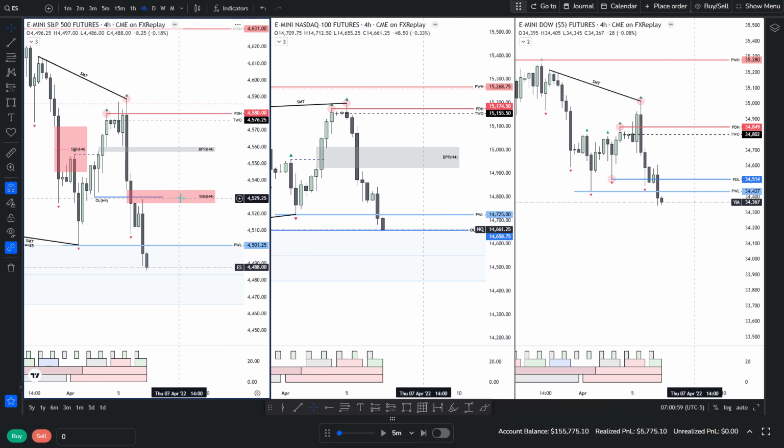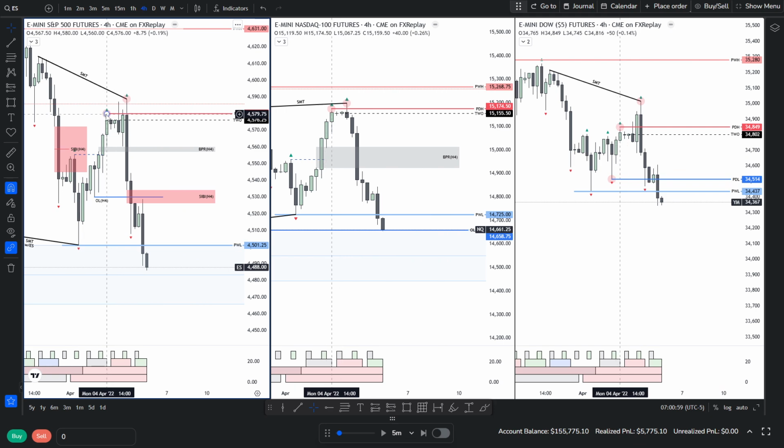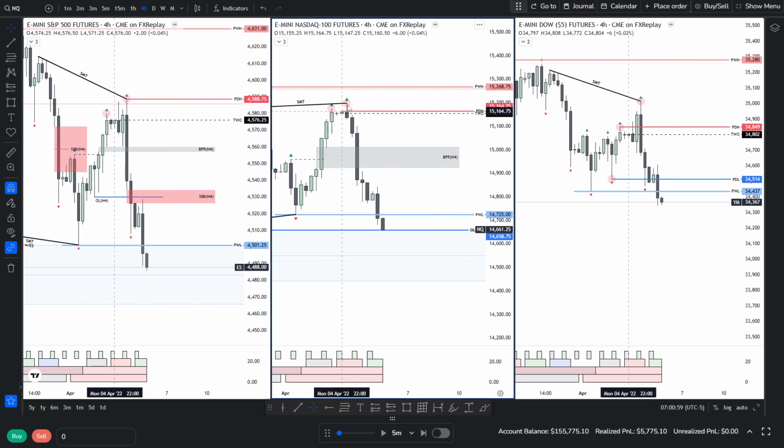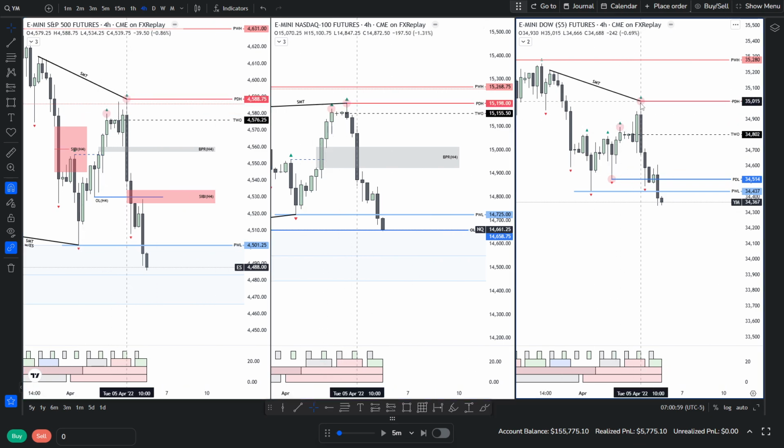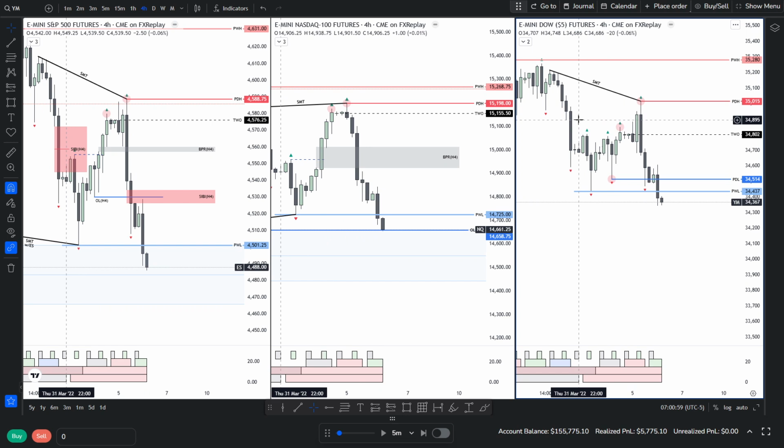Right, so I'm just going to make a note of the inception of the move and where the cracking correlation is.